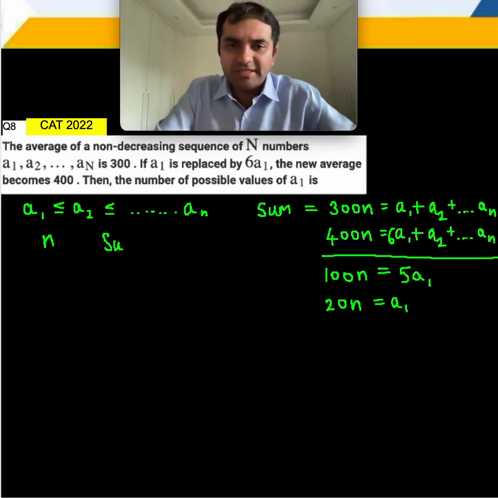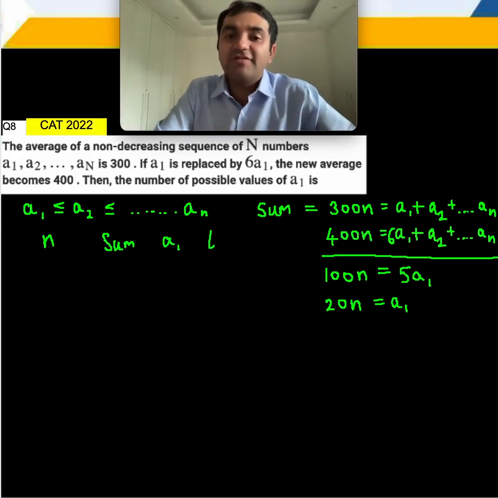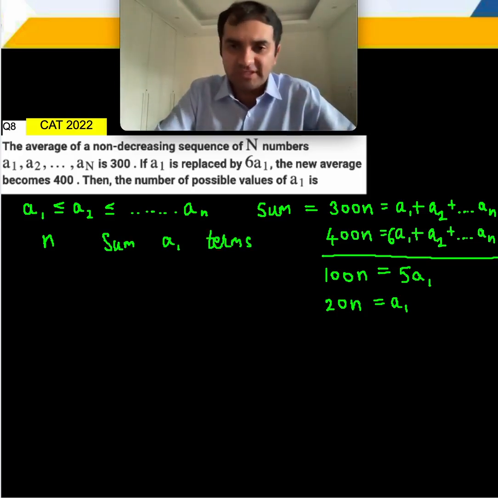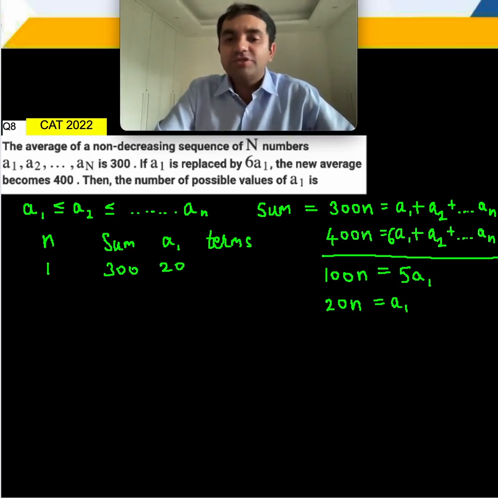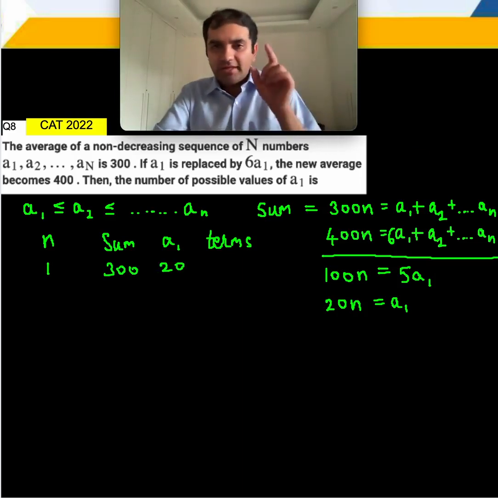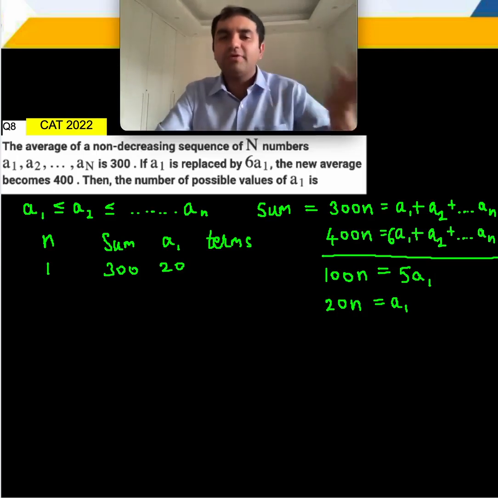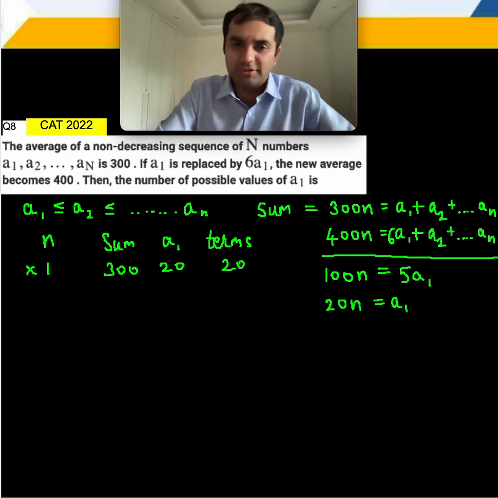So let me say I have n, sum of terms and the first term, and what are the terms of the sequence. Suppose n is 1, then the sum of terms will be 300 into 1, that is 300. First term will be 20. So how can there be one term 20 and sum of terms 300? That is not possible.